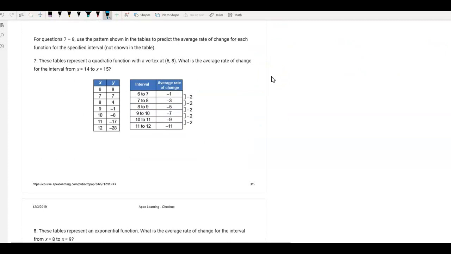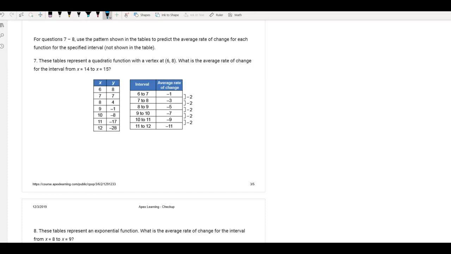It says, use the pattern shown in the tables to predict the average rate of change for each function. So these tables represent a quadratic function with a vertex at 6, 8. What is the average rate of change from 14 to 15? Well, you know it's going down 2 each time.